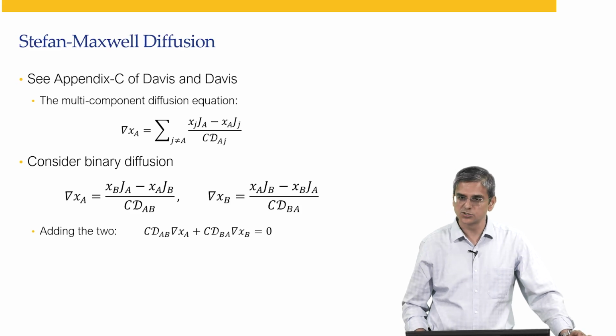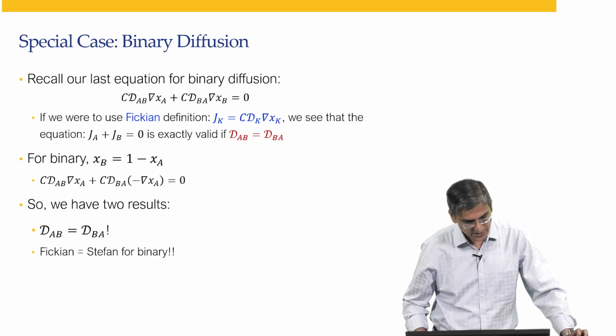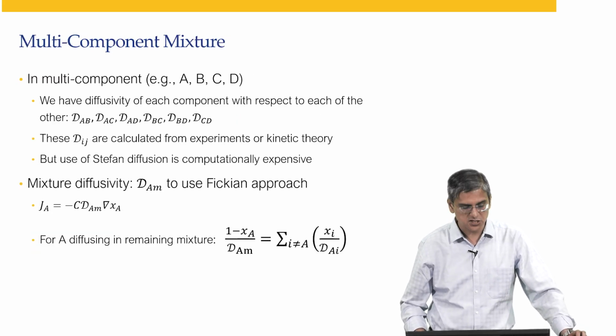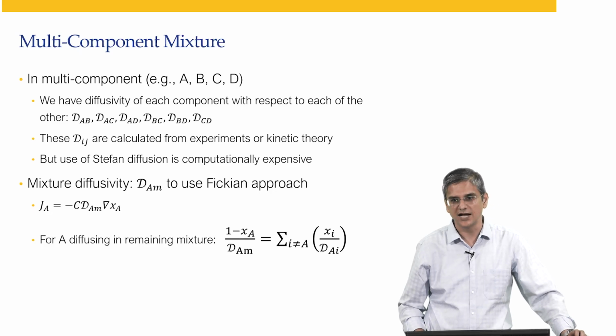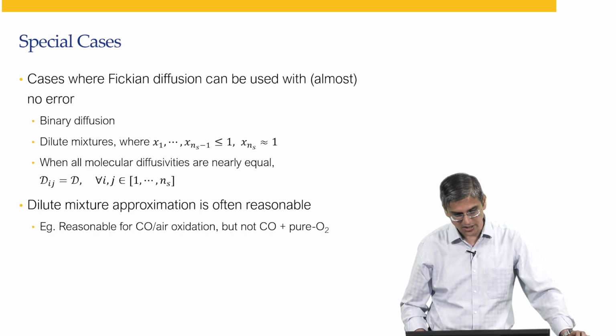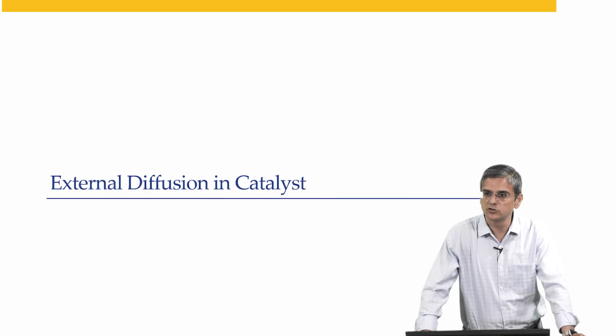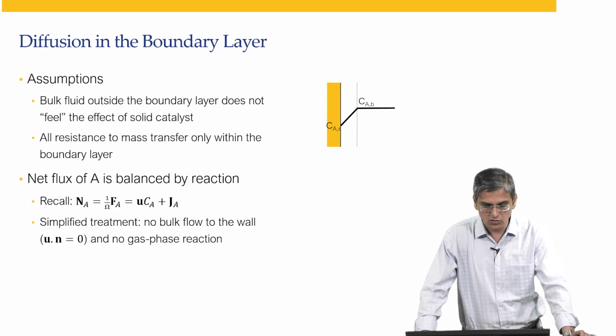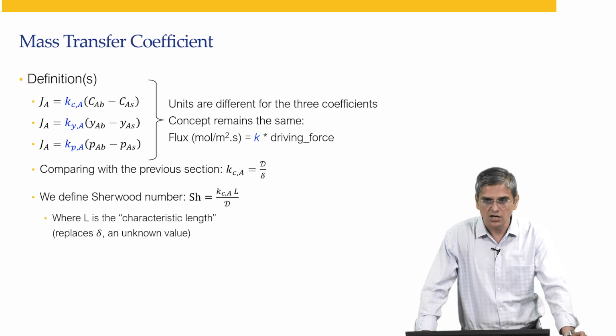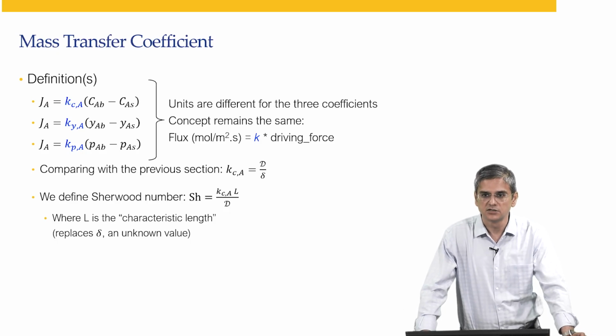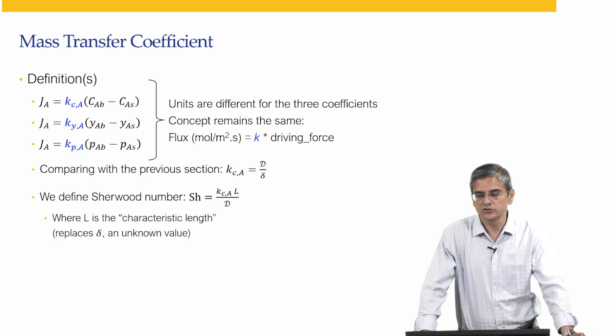Stefan-Maxwell's is going to be about multi-component. Thereafter, we are going to talk about the special case of dilute mixtures and multi-component and how those are equivalent. That is what we are going to do in the first half of tomorrow's lecture. In the second half, how we can use all of these concepts to look at external diffusion in a catalyst. So, that is what we are going to do over the next 2 days.